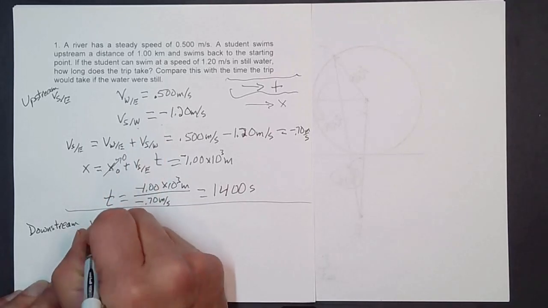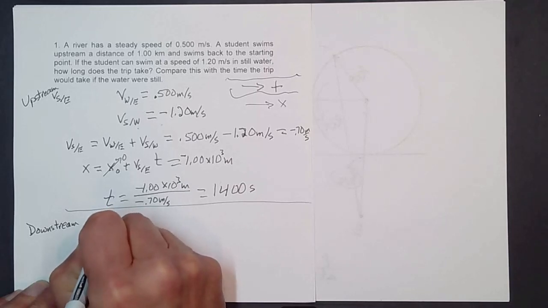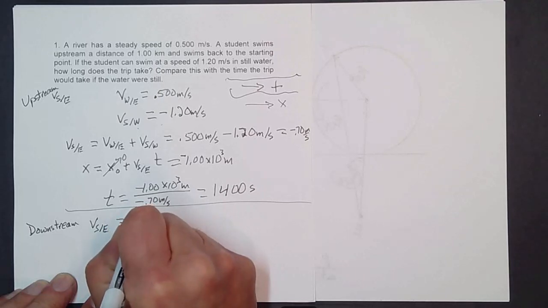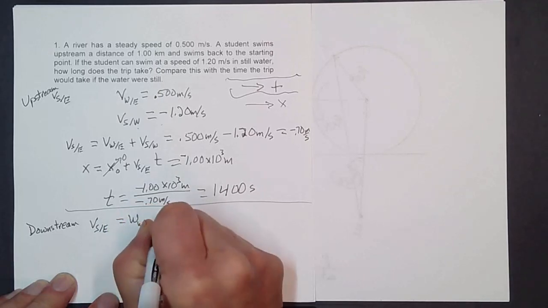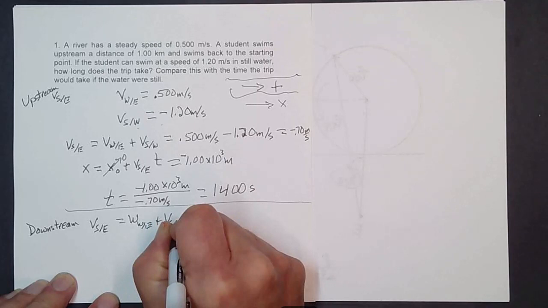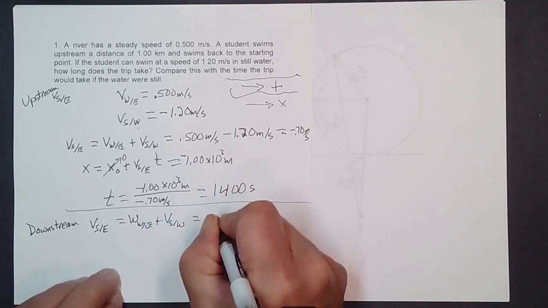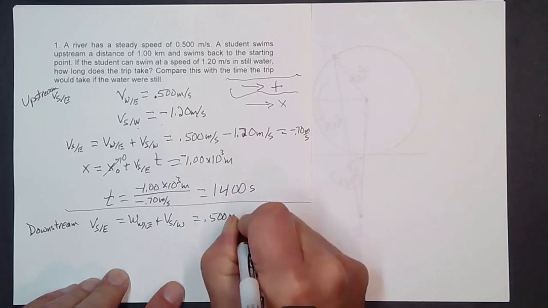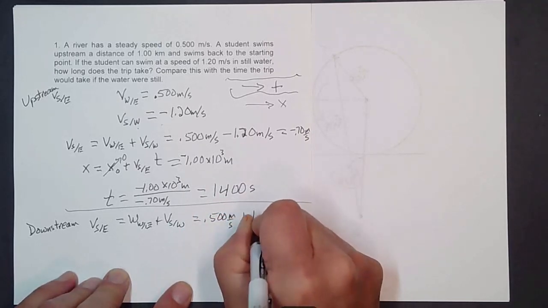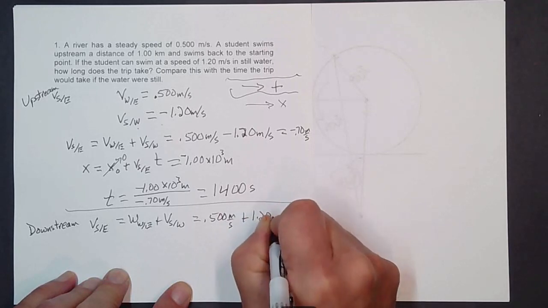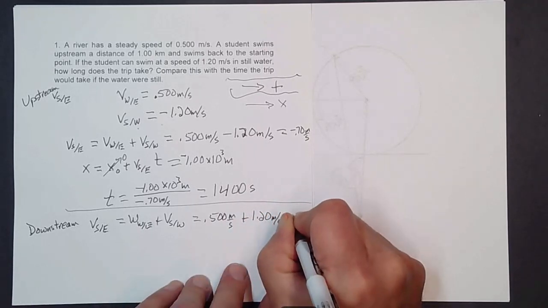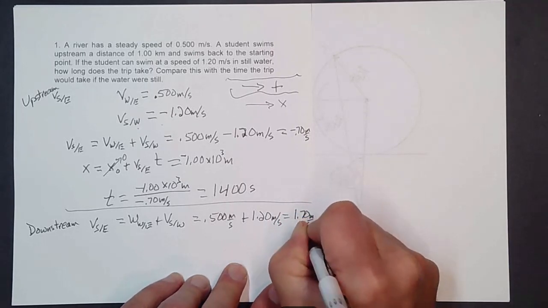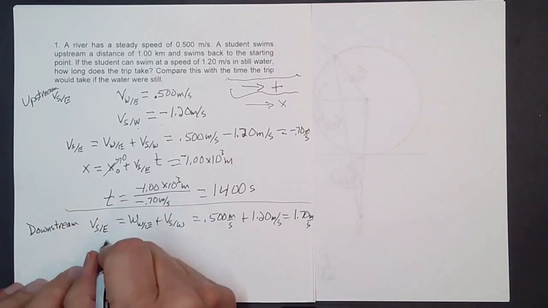So the velocity of the swimmer with respect to the earth will equal, again, velocity of the water with respect to the earth plus the velocity of the swimmer with respect to the water, and it'll be 0.500 meters per second plus 1.20 meters per second, which is 1.70 meters per second.